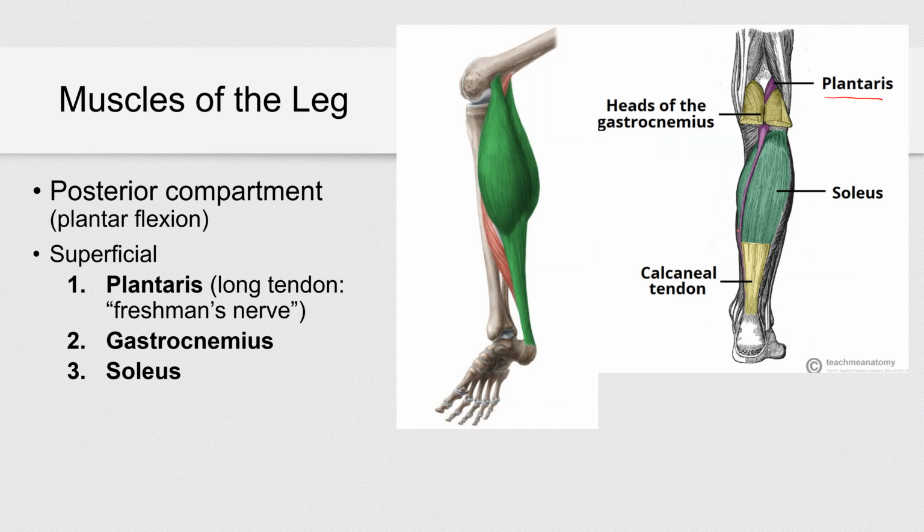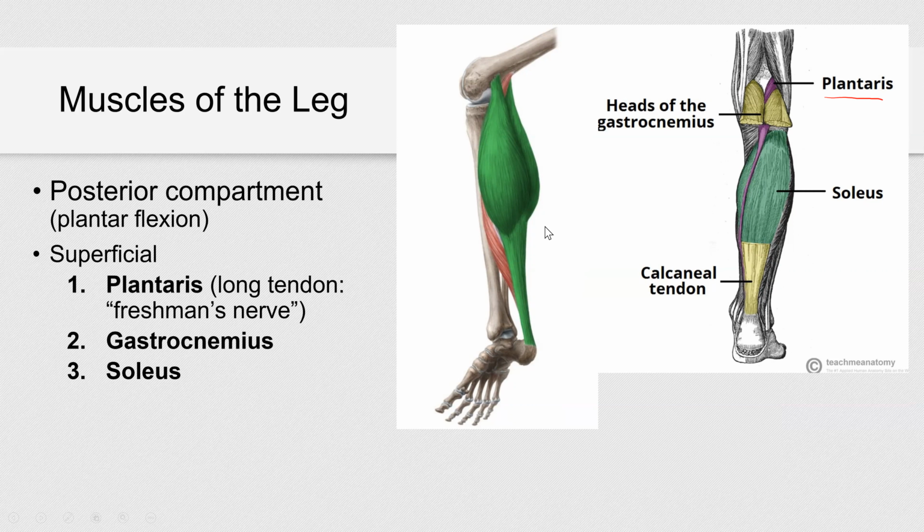It's called plantaris, and if you think, your plantar is your sole over here, right? The plantaris is actually in the popliteal region, but because the tendon goes all the way down to the plantar region, it's called plantaris. It's also called freshman's nerve. Freshmen, medical students, very often confuse this tendon with a nerve. So that's the small muscle plantaris.